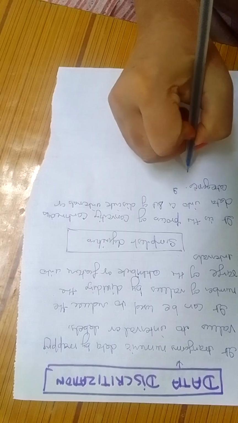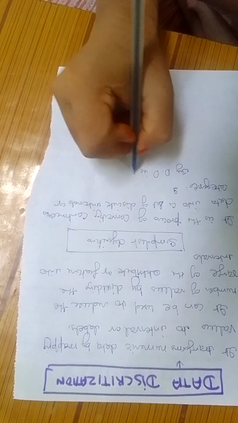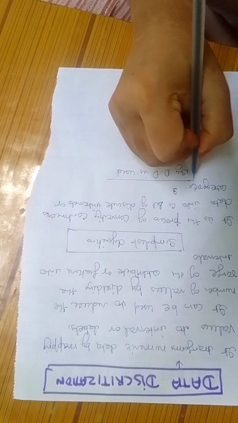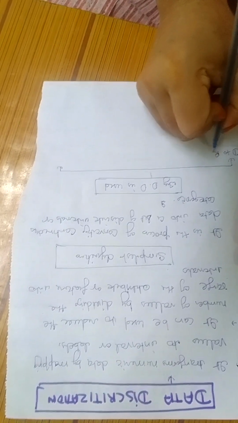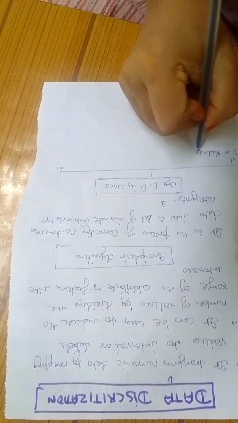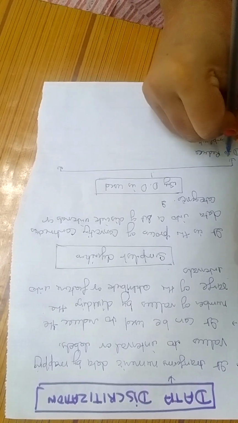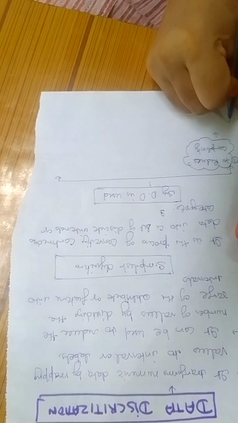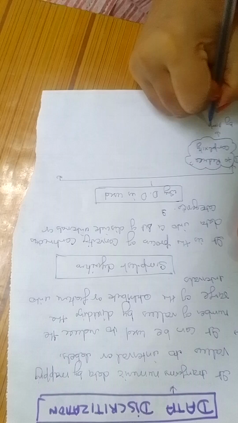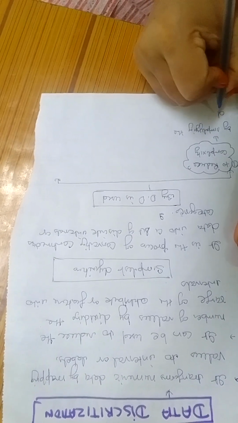Now comes why data discretization is used. It is used first to reduce complexity. How does it reduce complexity? By simplifying the data.